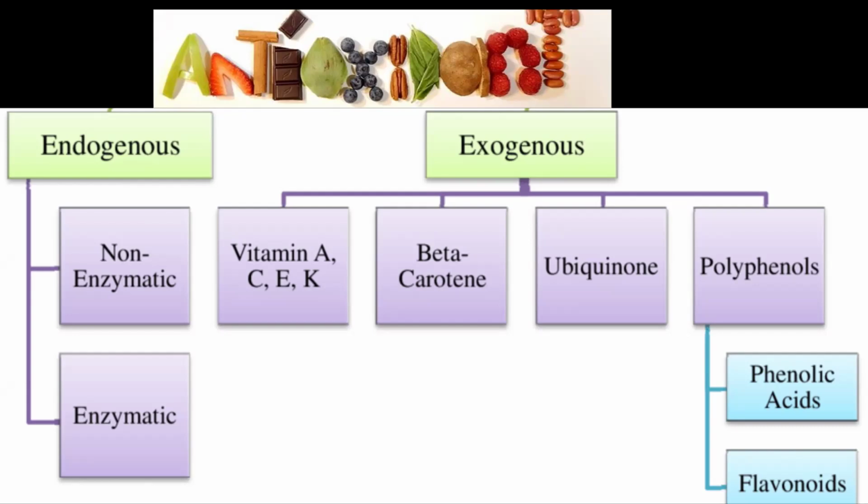Then beta carotene, which is present in carrots, ubiquinone, and polyphenols, which are present mostly in leafy vegetables, have phenolic acids and flavonoids, which act as a good source of antioxidants.